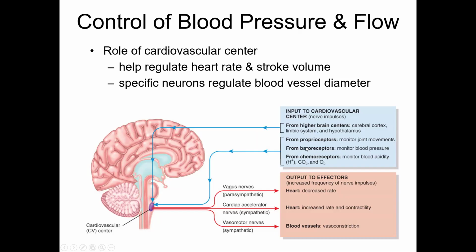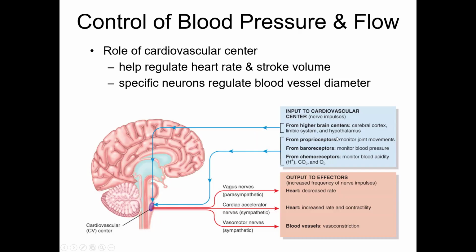In terms of blood pressure, baroreceptors detect a dropping blood pressure and send nerve impulses to the cardiovascular center. If we have high carbon dioxide or hydrogen ion levels, those chemoreceptors also send nerve impulses to the cardiovascular center.